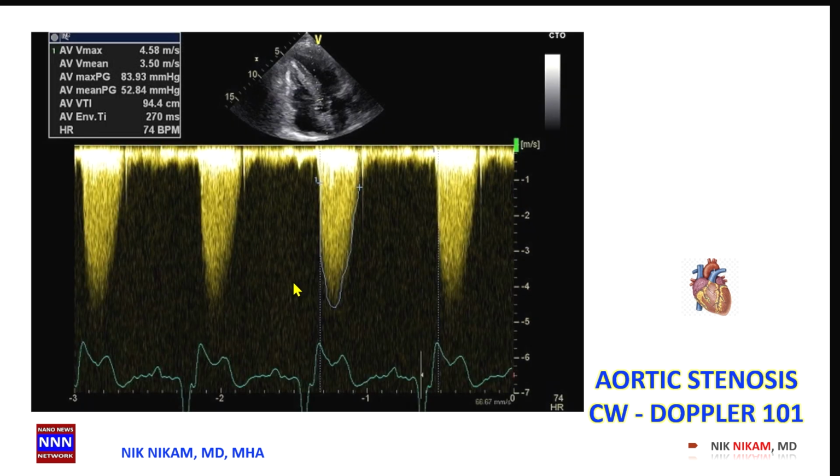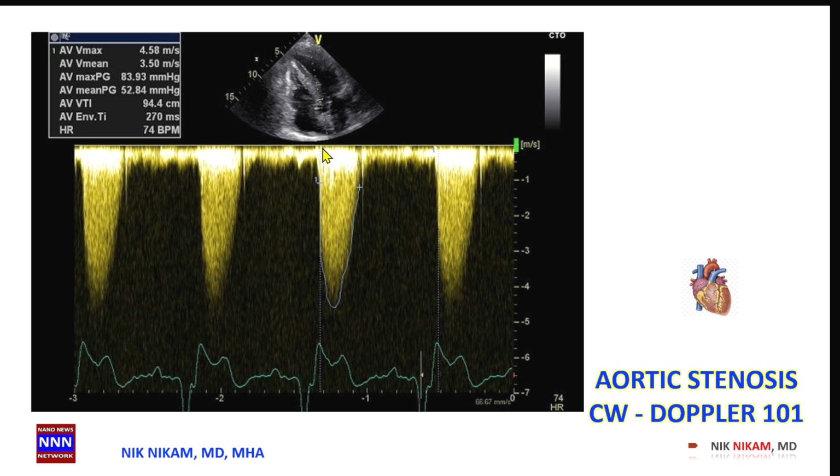Here's another example of a waveform, showing a maximum velocity of 4.58 meters per second, a mean gradient of 52.84 millimeters of mercury, and a velocity time integral of 94.4 centimeters.